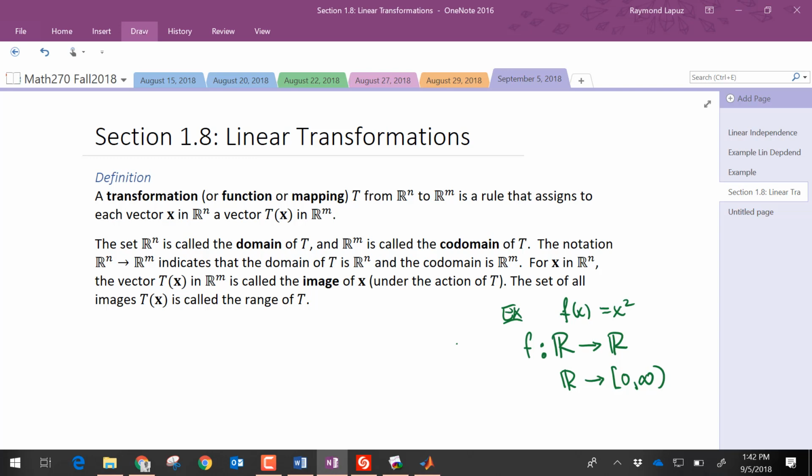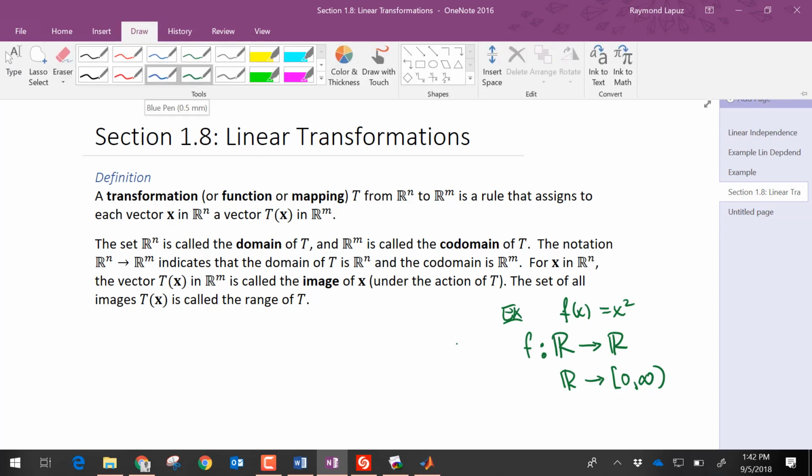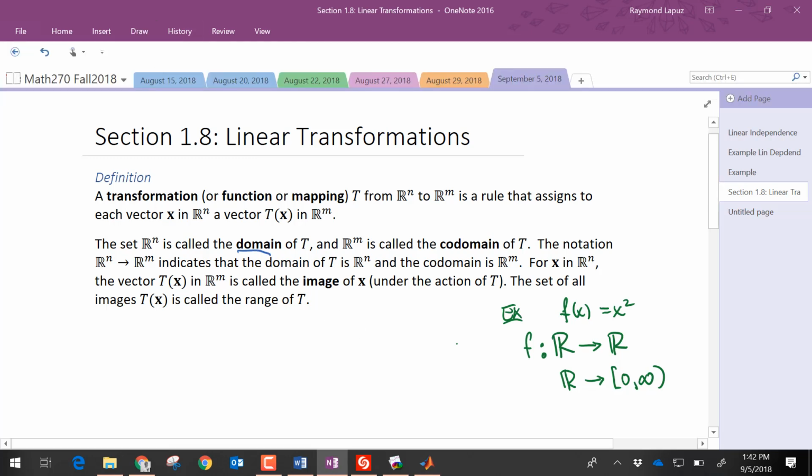So let's take a look at the details of this and see the relationships in the transformation as we're defining it here. Our domain is the set of inputs that we can put into this function.